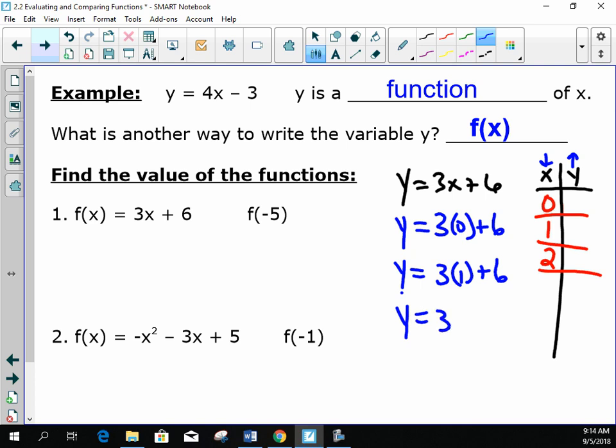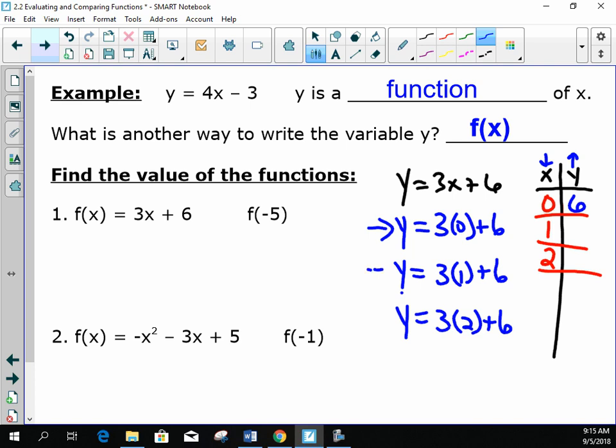Y equals 3 times 2 plus 6. So when x equals 0, what does y equal? So yeah, 3 times 0 is 0, plus 6 is 6. So when x equals 0, y equals 6.